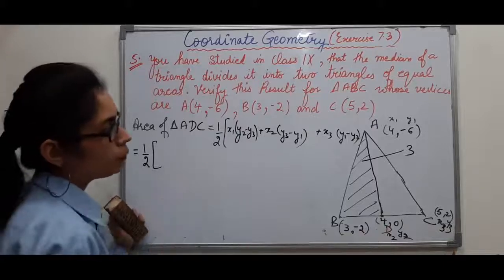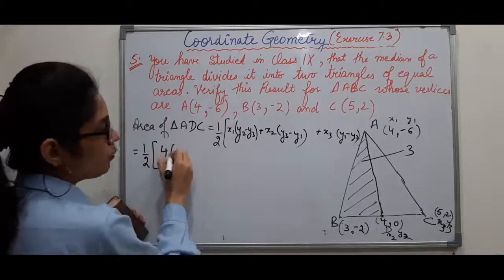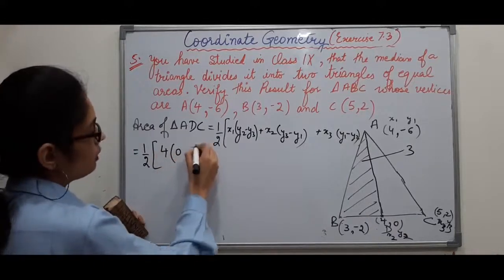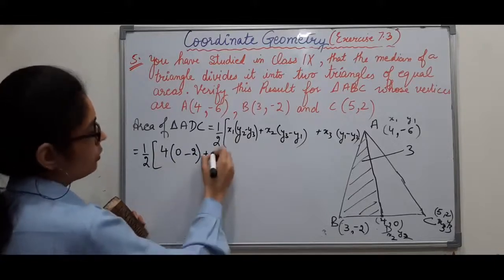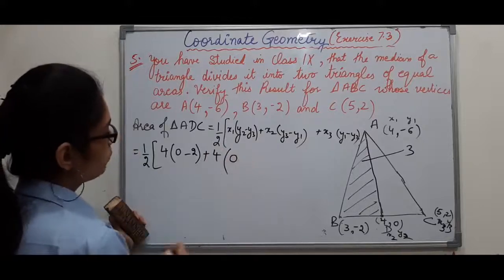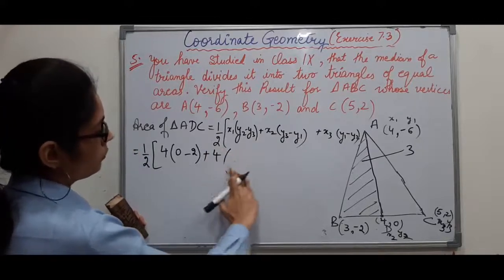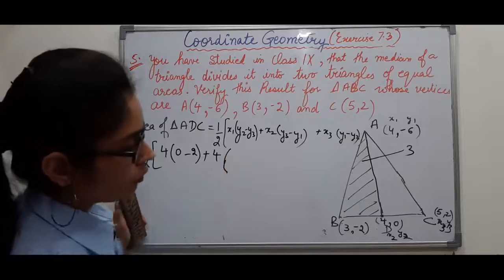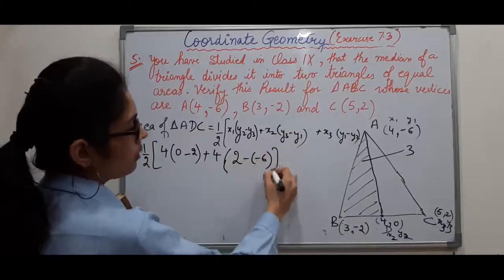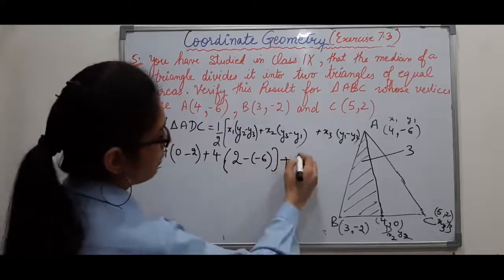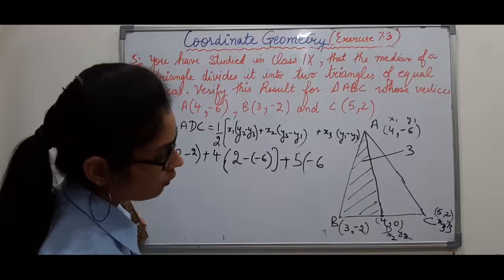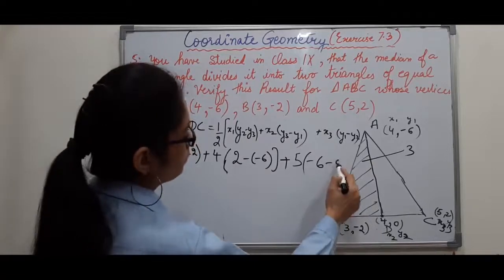So 1 by 2 into x1 which is 4, y2 minus y3, y2 it is 0, minus y3, y3 is 2, plus x2, x2 is 4, y2 it is 0, y3 it is 2, minus y1 it is minus 6, plus x3, x3 it is 5, plus y1, y1 is minus 6, minus y2, y2 is 0.